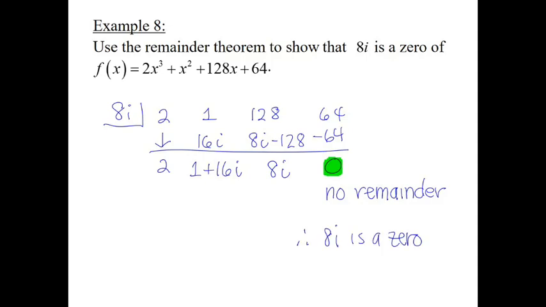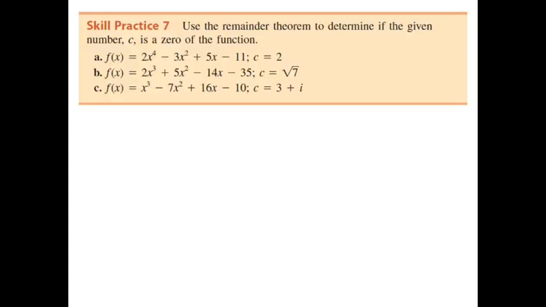Okay? So 8i is a 0 of the polynomial. I'm not going to work out these examples. I hope you can work those out. If you have any questions on this last part, though, be sure to ask me. Come by and ask me, or come to tutorials, and I'll help you out.